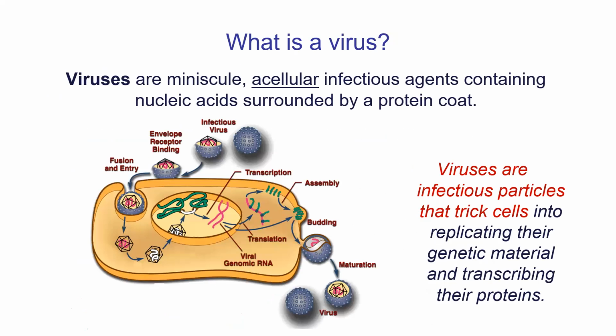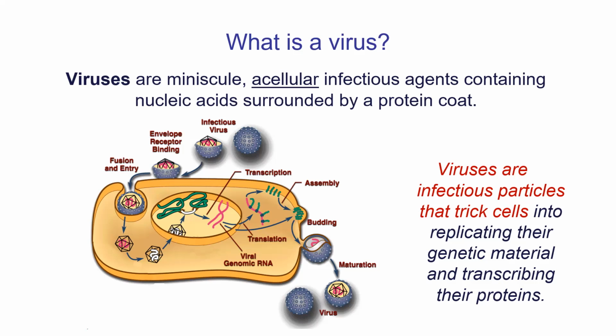So what is a virus? Here's a definition. This is from, I think, one of the textbooks I have on my shelf, and it describes them as minuscule, so it's very small. Acellular. Remember we had talked about the different types of cells, prokaryote and eukaryote cells. We're going to get into the details in prokaryotes and eukaryotes a lot more in the next few units, but these don't have cells.